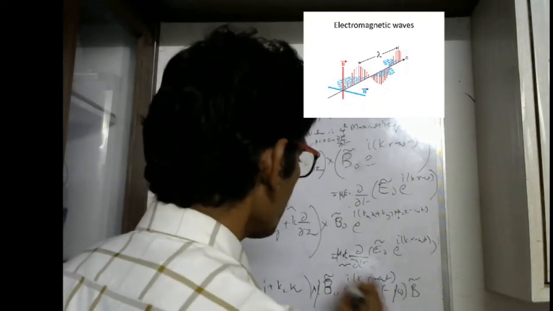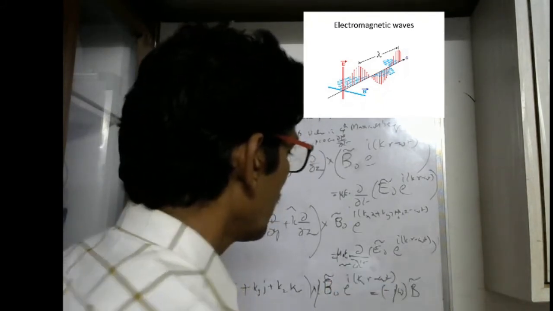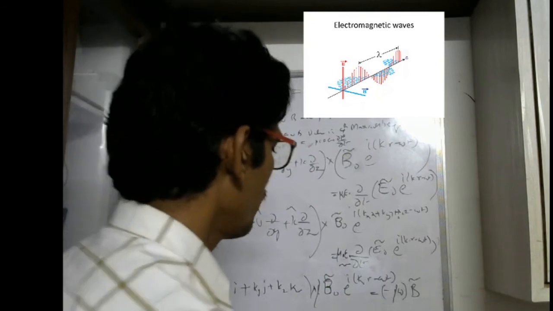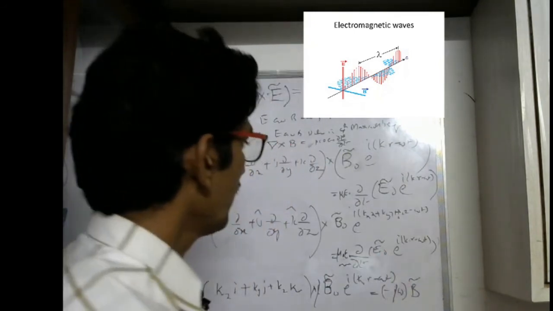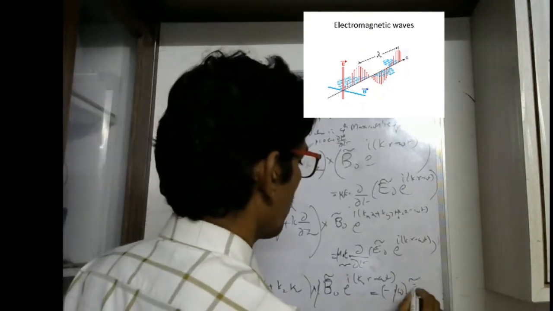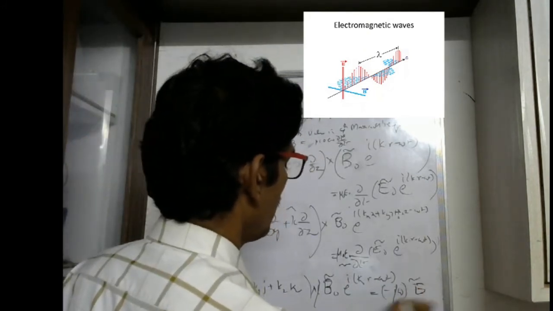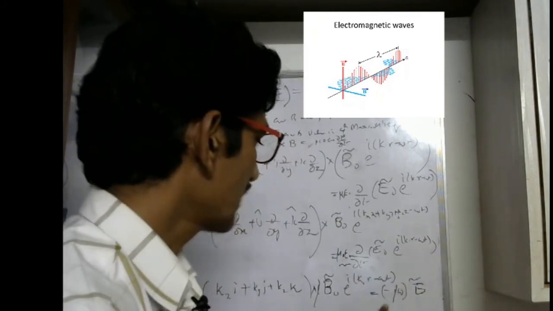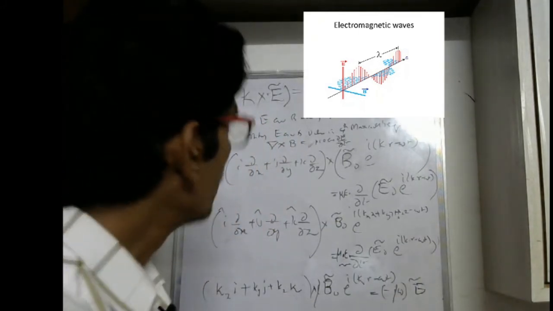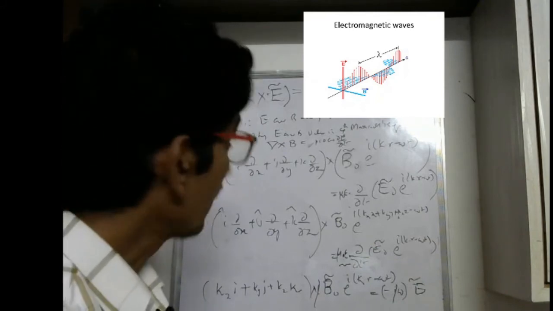Here now you are getting minus I omega. What you have to write here? Now this is E naught, that means this is E. After doing minus I omega, you are getting minus I omega.